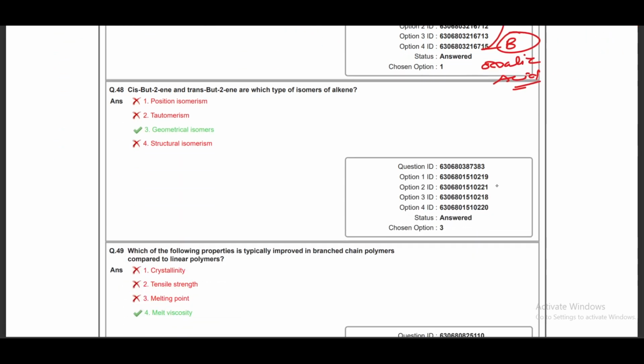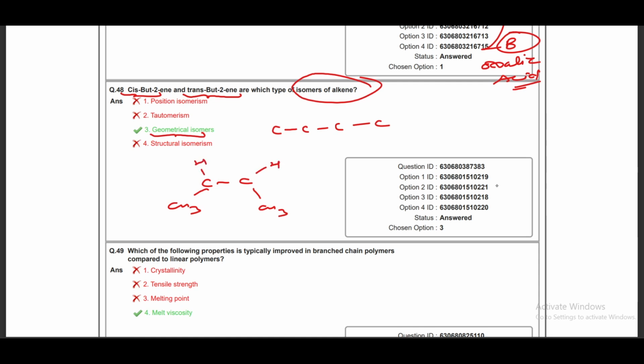Next is, cis-but-2-ene and trans-but-2-ene are which type of isomers of alkene? These are geometrical isomers. But meaning there are 4 carbons. If we take cis, this is butene, CH3, CH3, H, 2-ene, so this is first, this one is second. This is cis-butene and this is trans-butene. Cis means substituents are on the same side.